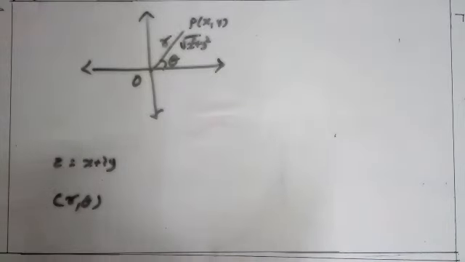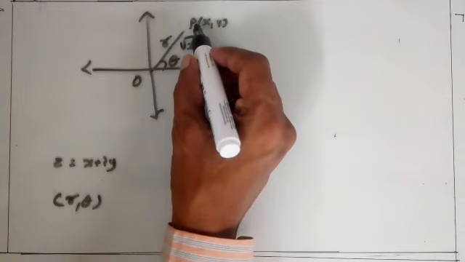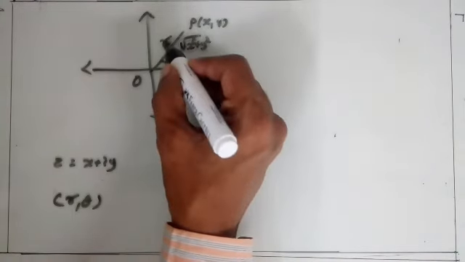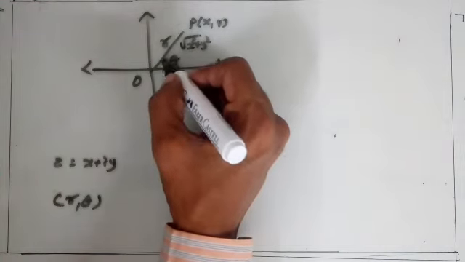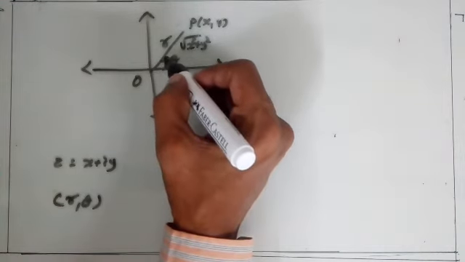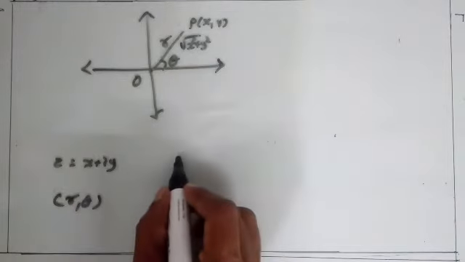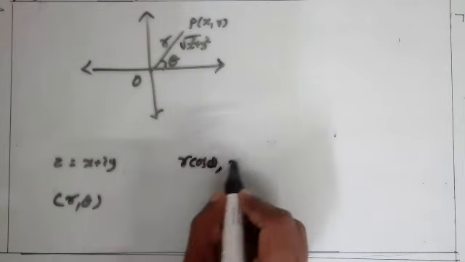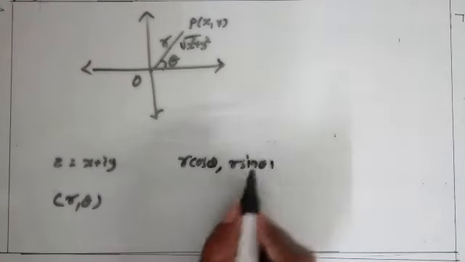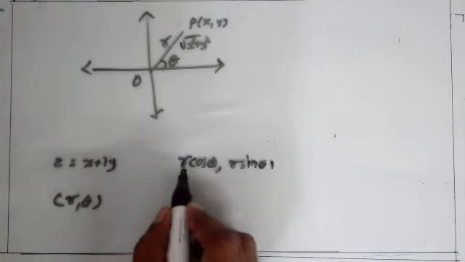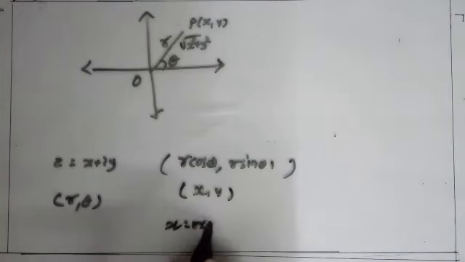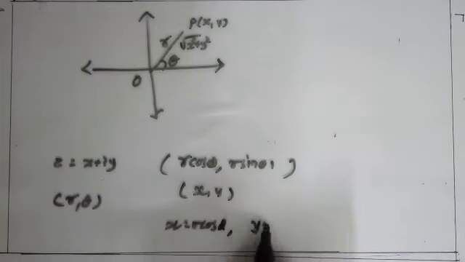Here the coordinates of P are (x, y). OP is equal to r, and OP makes an angle theta with the positive direction of the x-axis. So the coordinates of P are also (r cos theta, r sin theta). So x is equal to r cos theta and y is equal to r sin theta.